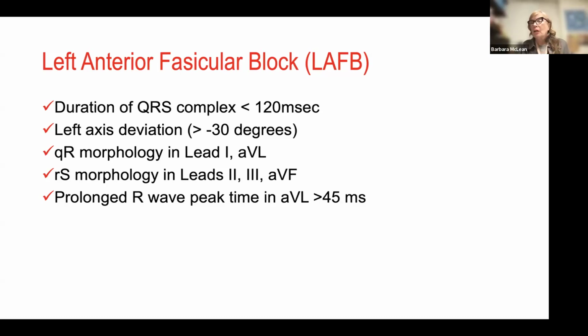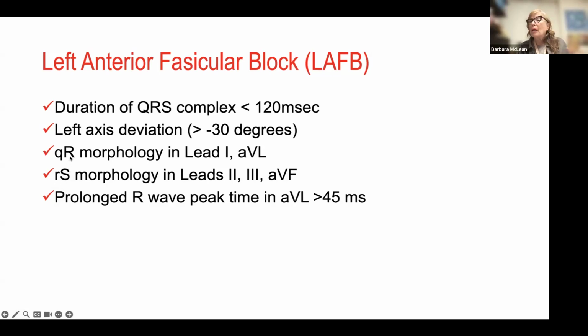Most frequently, that's going to be because you have a left anterior fascicular block. That doesn't mean you actually have a bundle branch block. It's just one fascicle. So in leads 1 and AVL, small Q, big R. In 2, 3 and AVF, small R, deep S.